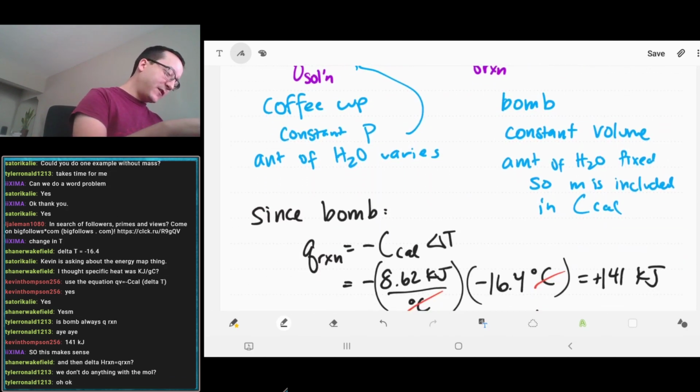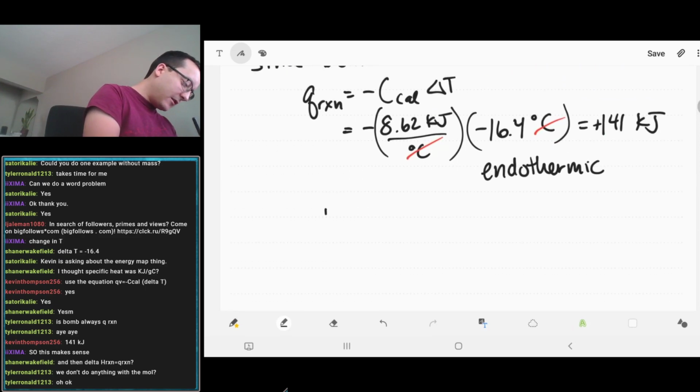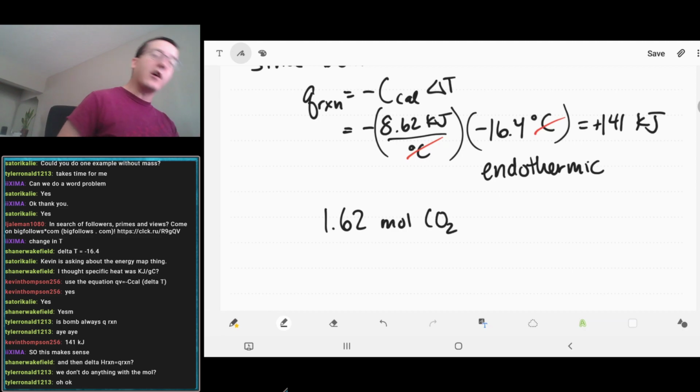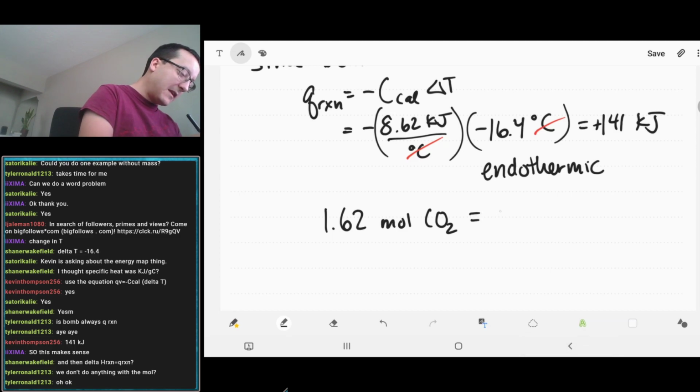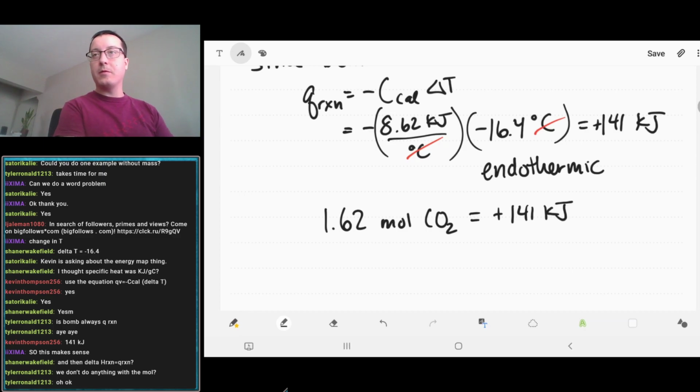So the last piece of information: we are given that we have 1.62 mole of carbon dioxide that's being reacted, and we're being told that it has given us 141 kilojoules of energy. Right?